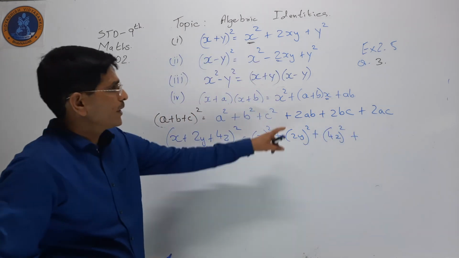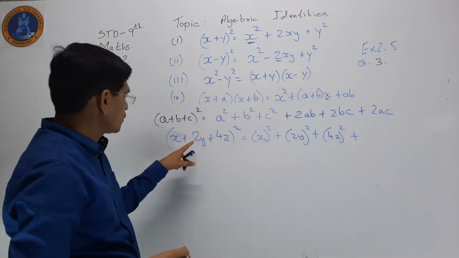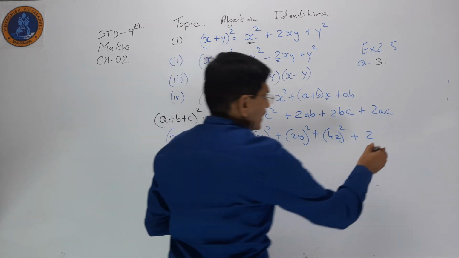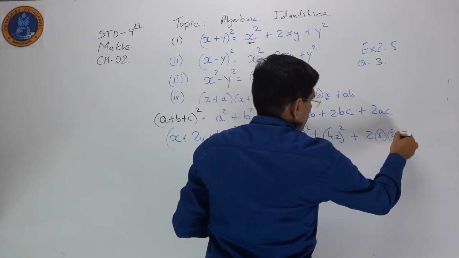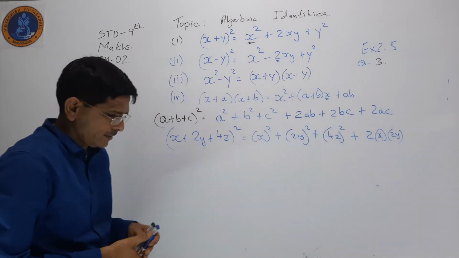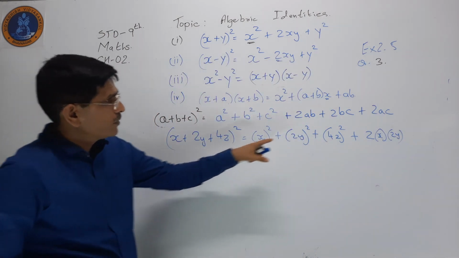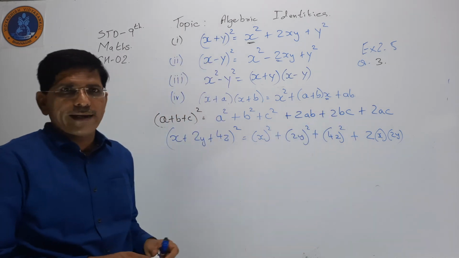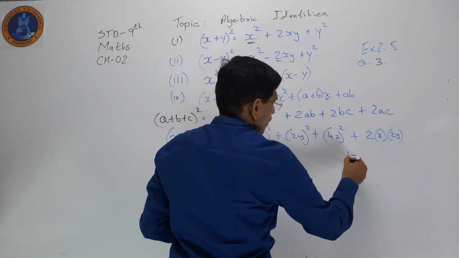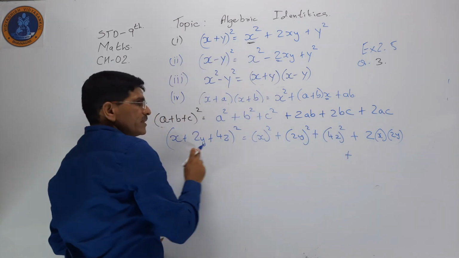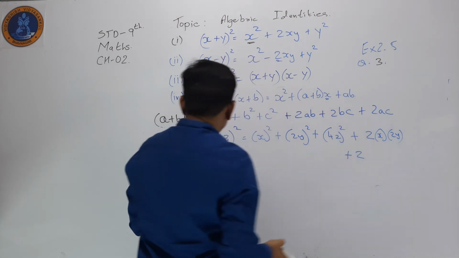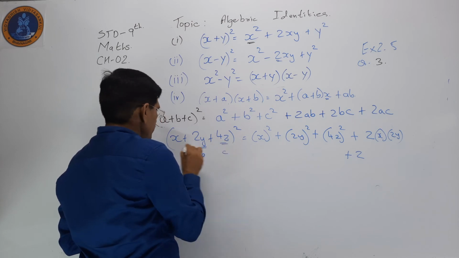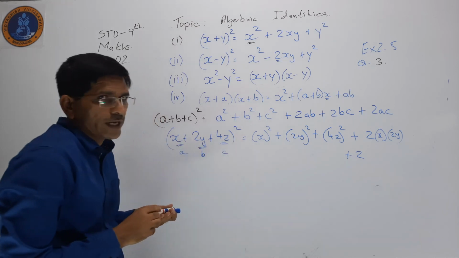Afterward, the important part: 2 into a into b. So 2 into a into b, that is x into 2y, in brackets we have to write this. Now 2bc. First term, second term, third term, fourth term, 6 terms we have to write. For the fourth term, 2bc, I first write 2, then b, here c, and here a.